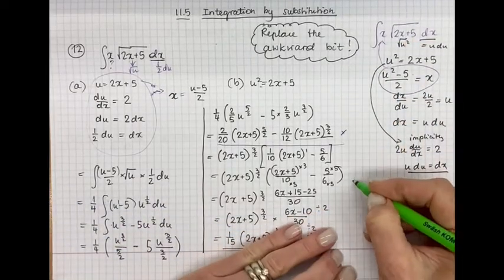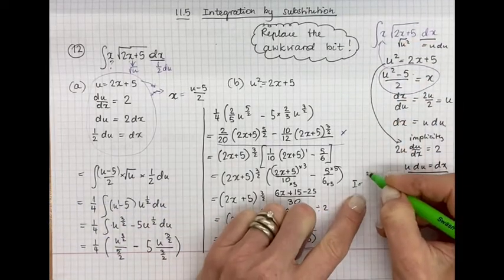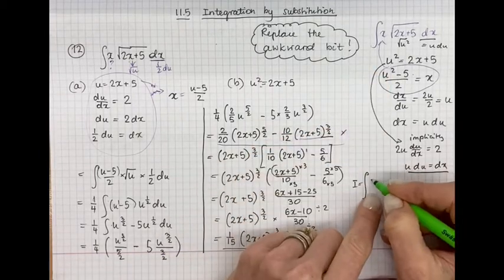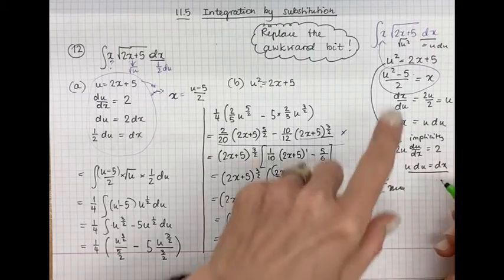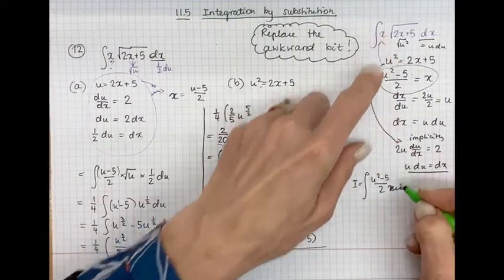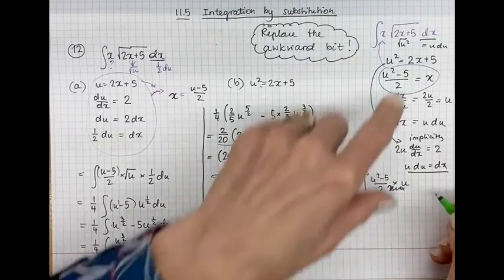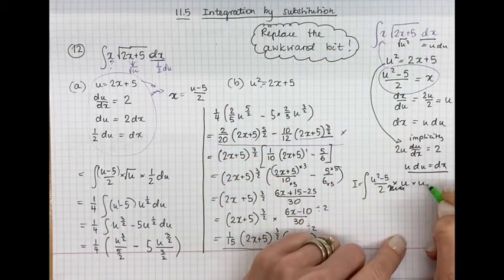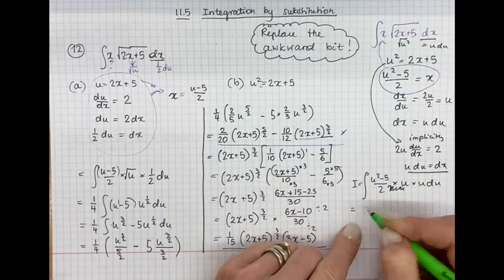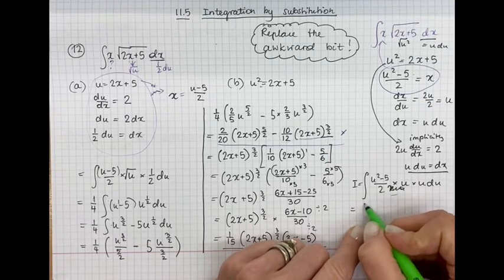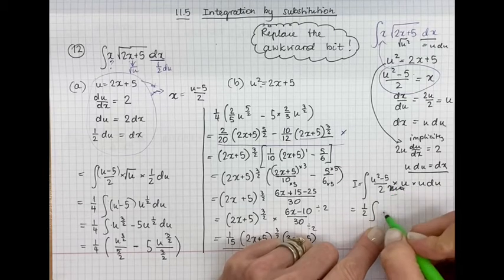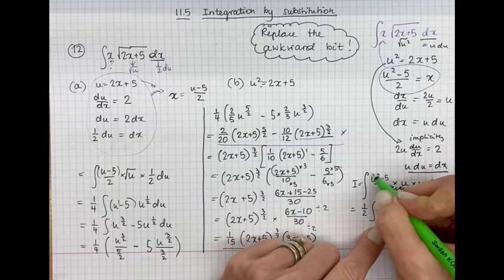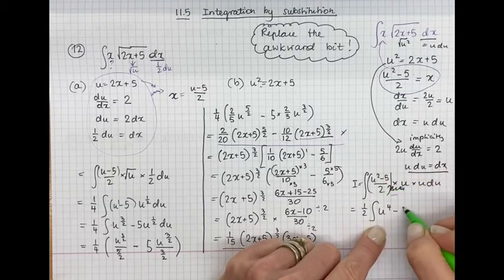So my integral will be, my x is going to be (u squared minus 5) over 2. My square root of u squared will be u, and dx is u du. So over here, let's take a half out, and I've got u squared here multiplied by u squared, so u to the power 4, and then minus 5u squared.